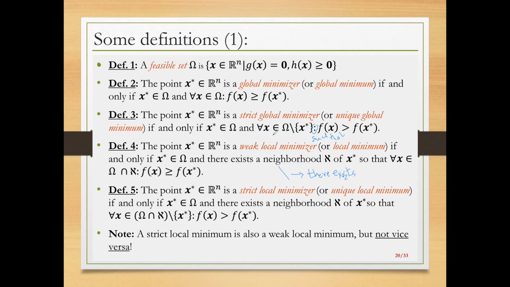So what I'm trying to say is that, for example, if you look at definition 3, the definition of strict or unique global minimum, it says that for every x that belongs to the feasible set, there exists some x star such that f of x is greater than f of x star. Okay? Yes, now it's clear.